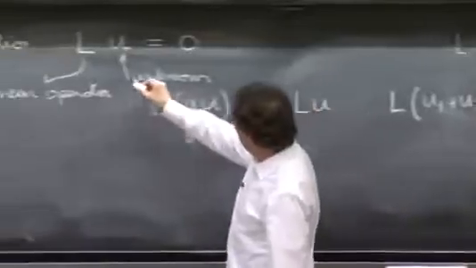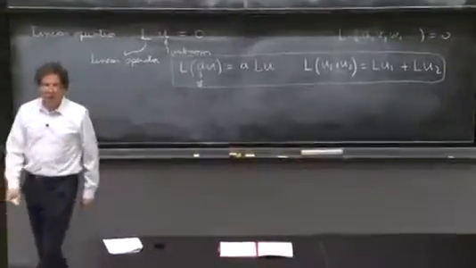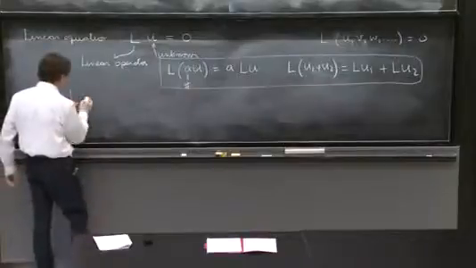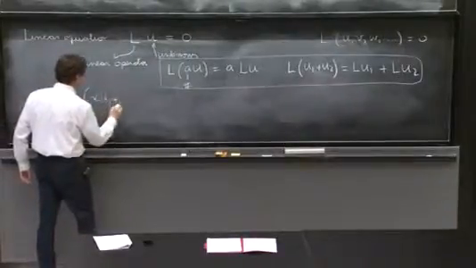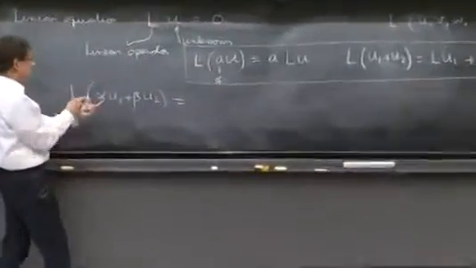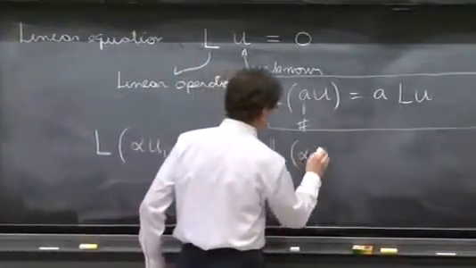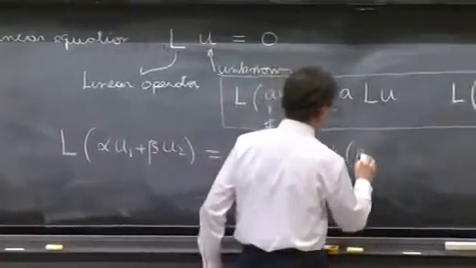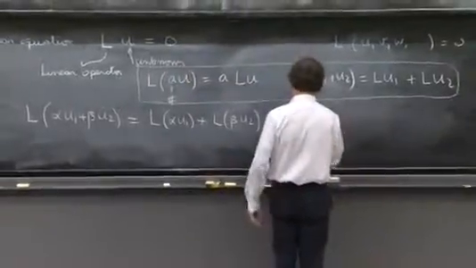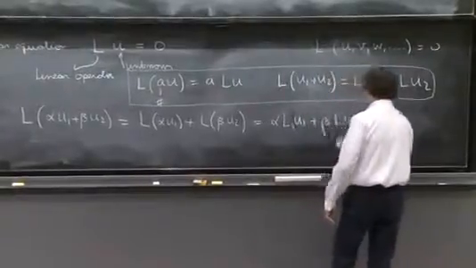This is what we mean by the operator being linear. So, if an operator is linear, you also have L on alpha u1 plus beta u2. You apply first the second property, L on the first plus L on the second, so this is L of alpha u1 plus L of beta u2. And then using the first property, this is alpha L of u1 plus beta L of u2.